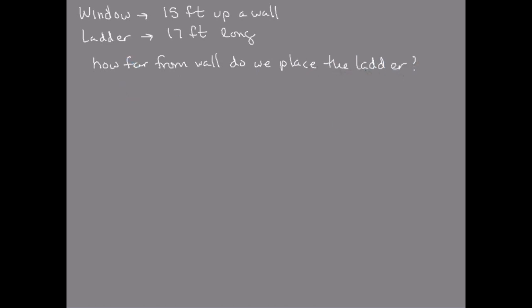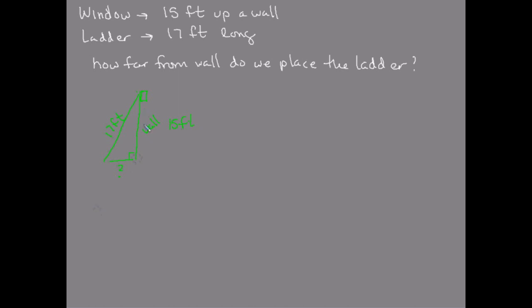Okay, well if we draw that picture, we have our wall, and we have our window, and this is 15 feet, and we have a ladder, and that is a 17-foot ladder. We want to find out what is this distance here.